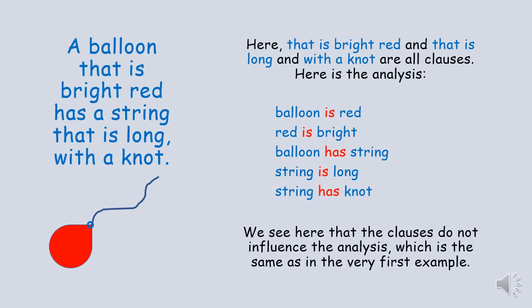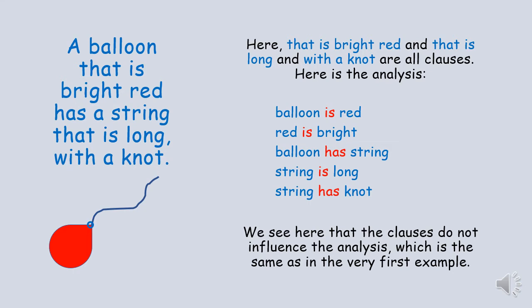Here we have an example sentence containing clauses. A balloon that is bright red has a string that is long with a knot. Here, that is bright red and that is long and with a knot are all clauses, and here is the resulting analysis.